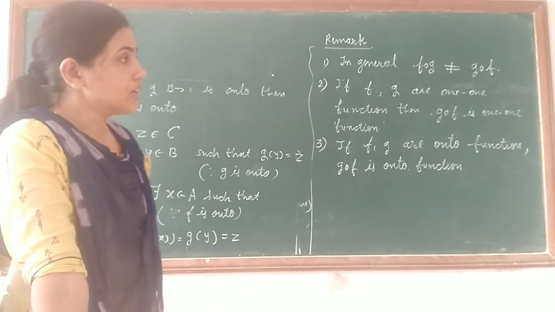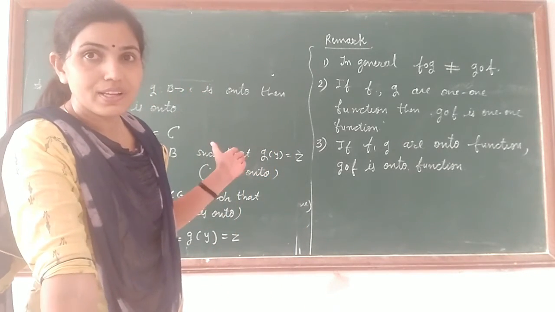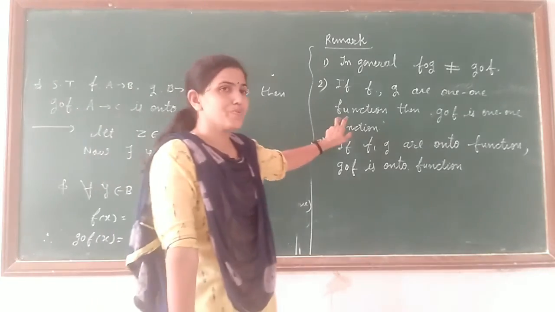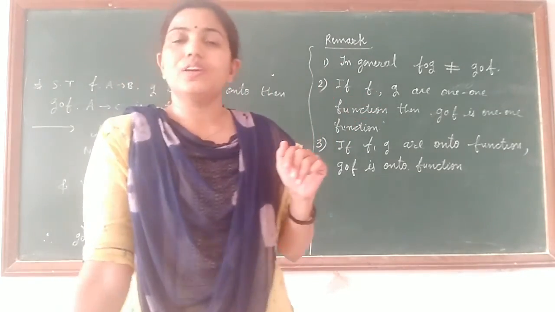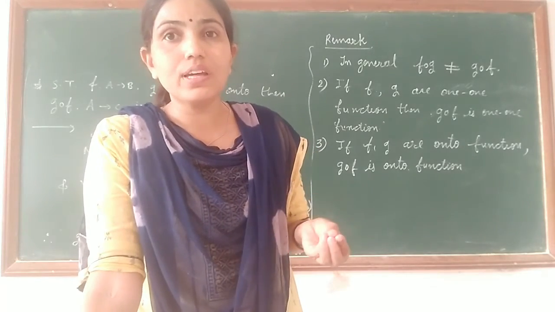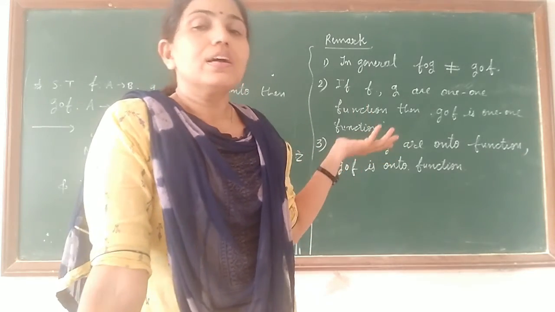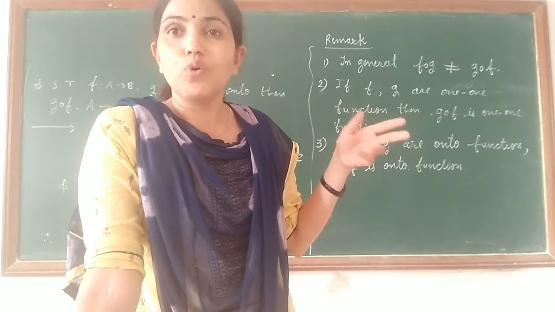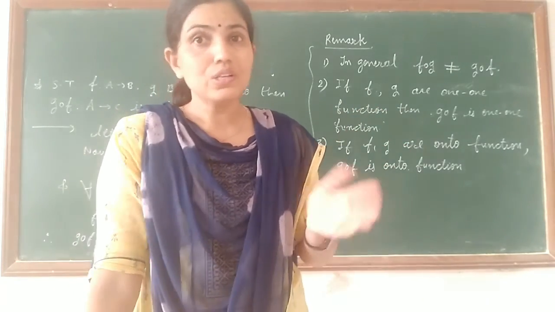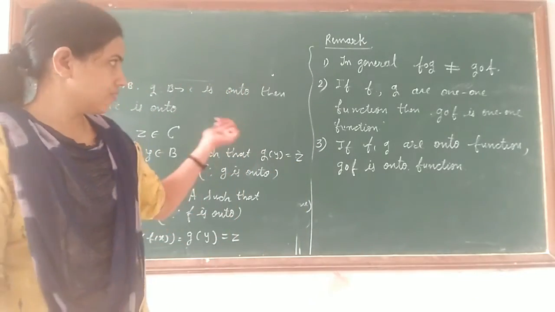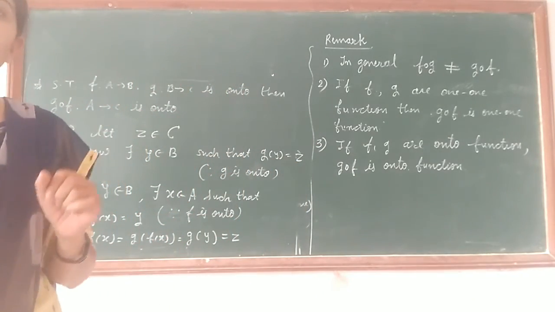But what can be said for the reverse? Reverse means if the composition is 1-1, then what can we say for f and g? If the composition is onto, then what can we say for them? Are f and g both onto, or both 1-1? What is the possibility? So let me see this with the next question. So we start with it.